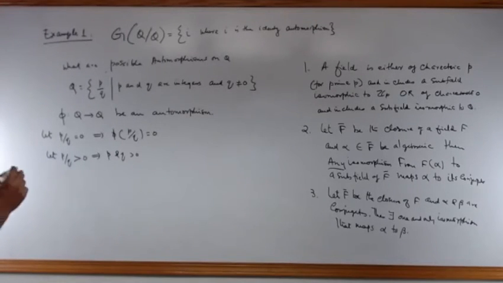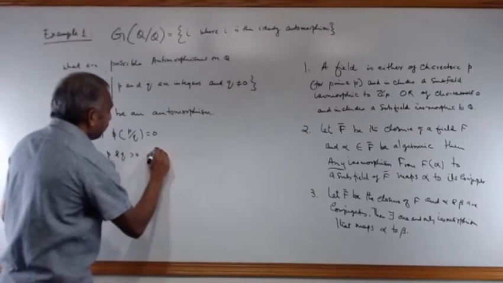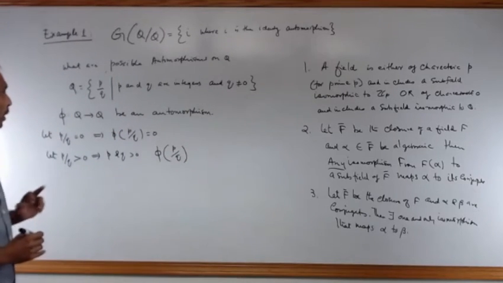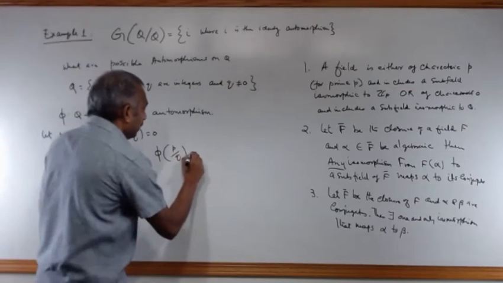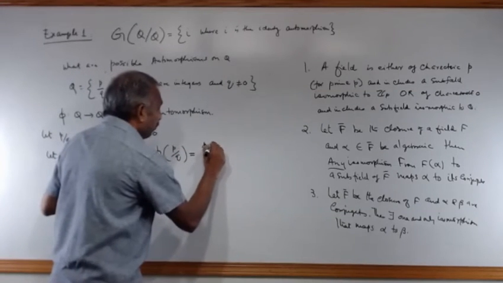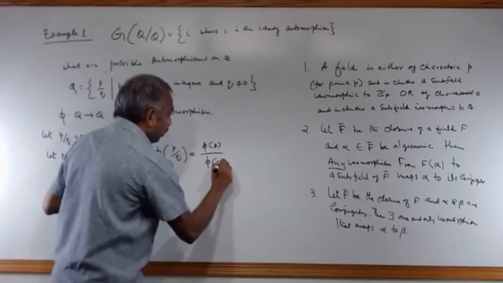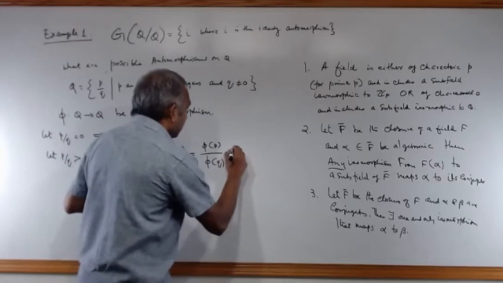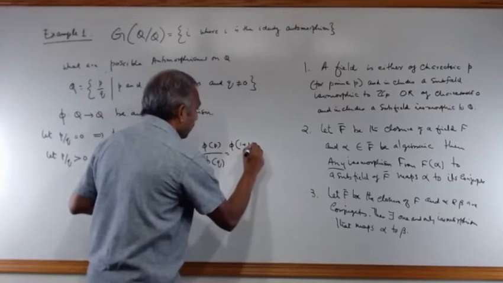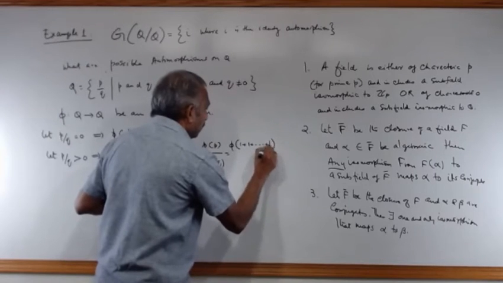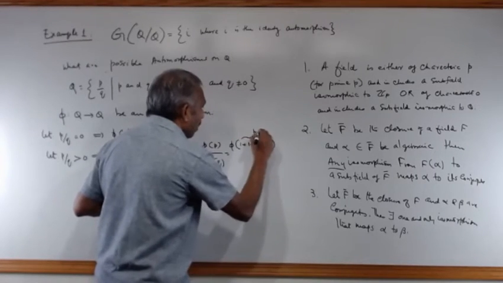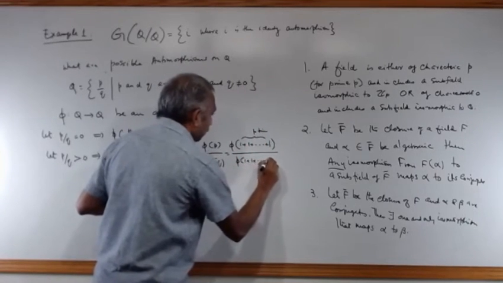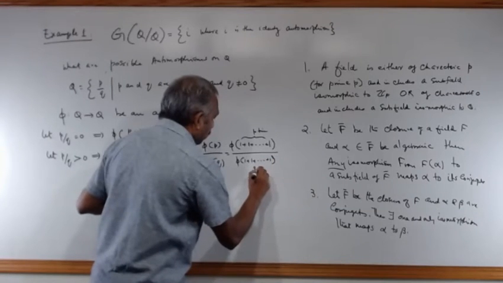So what does this mean? Let us compute phi of p by q. Because it is an automorphism, that is equal to phi of p over phi of q. And p is an integer, so you can write it as phi of 1 plus 1 plus ... plus 1, p times, over phi of 1 plus 1 plus ... plus 1, q times.